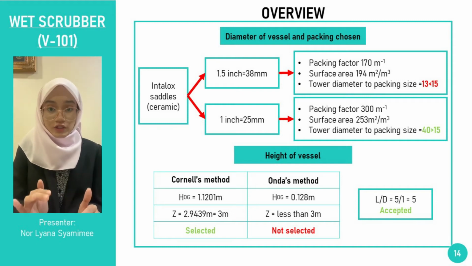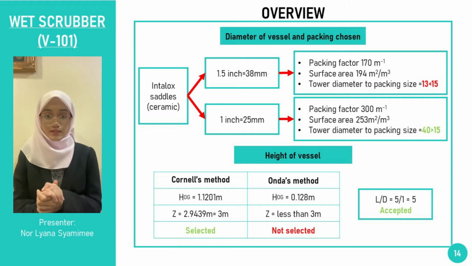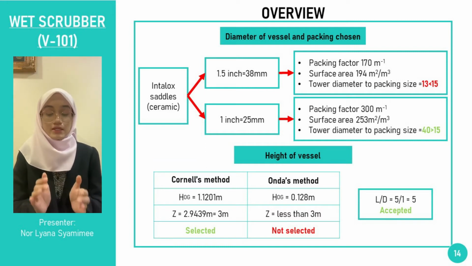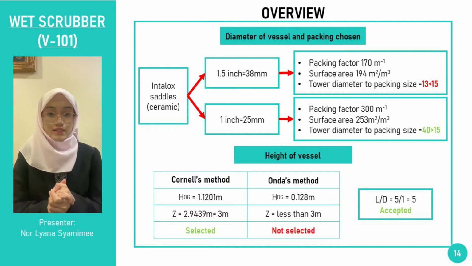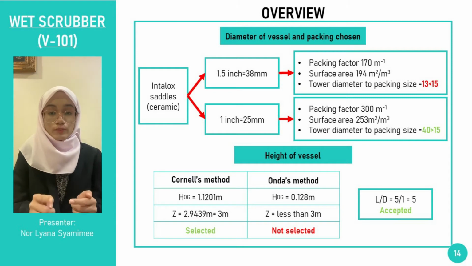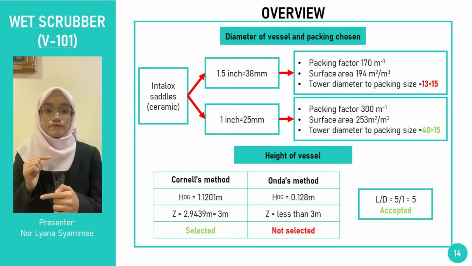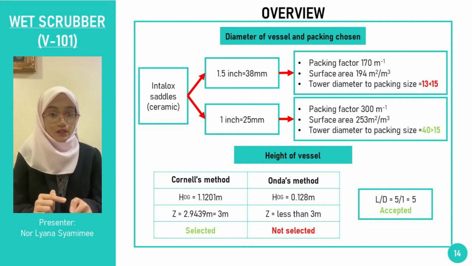For the packing material, I chose the interlock saddle ceramic because it is suitable for corrosive liquid. For selecting the packing size, at first I took 1.5 inch in order to determine the tower diameter. However, after some calculation, the ratio of the diameter of the tower to the packing size is 13, which is less than 15.